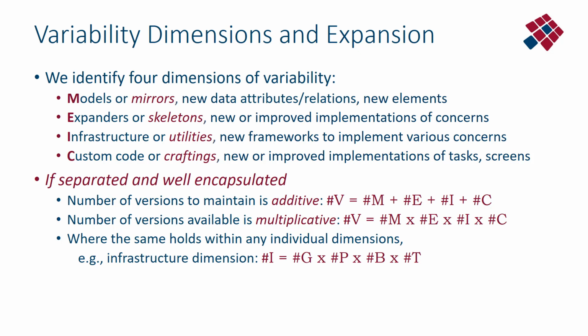And there, once again, if you separate it well, you can combine any kind of version from any dimension of variability, and you would have at your disposal always the product of available versions while only having to maintain the sum of available versions. This is absolutely crucial. This is only if you separate it well. If you do not separate it well, if you do not encapsulate it well, you have all kinds of interactions, and the effort you will need to maintain will become proportional to the product.